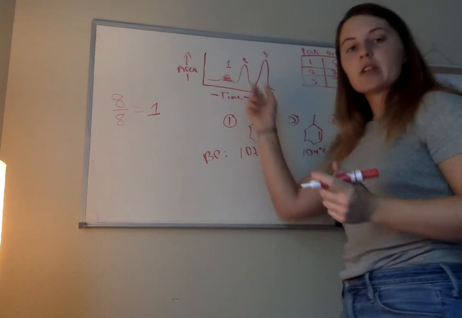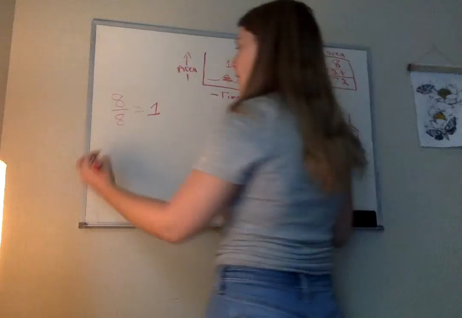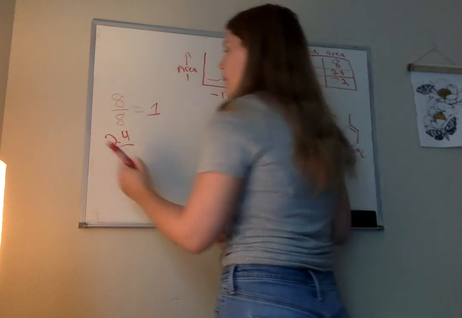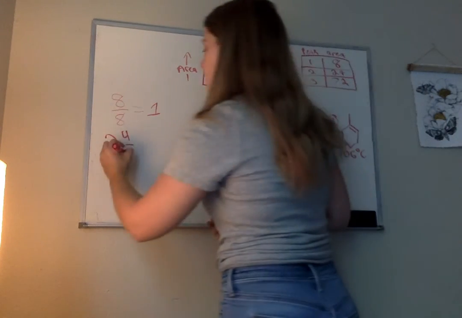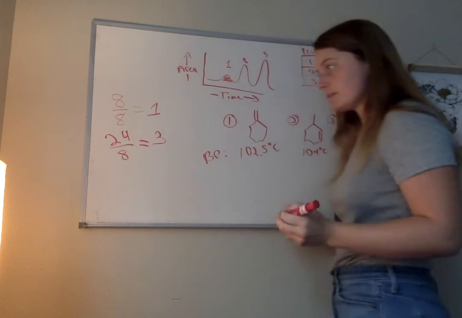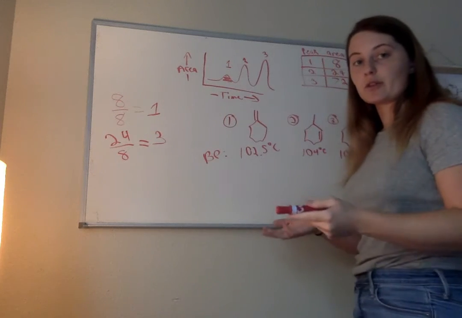Now let's move on to the second peak and compare the size of this area to the first area. This one's at 24, so 24 again over the smallest one, 8. That puts us at 3. So this one has a relative area of 3 to 1 to the first peak.